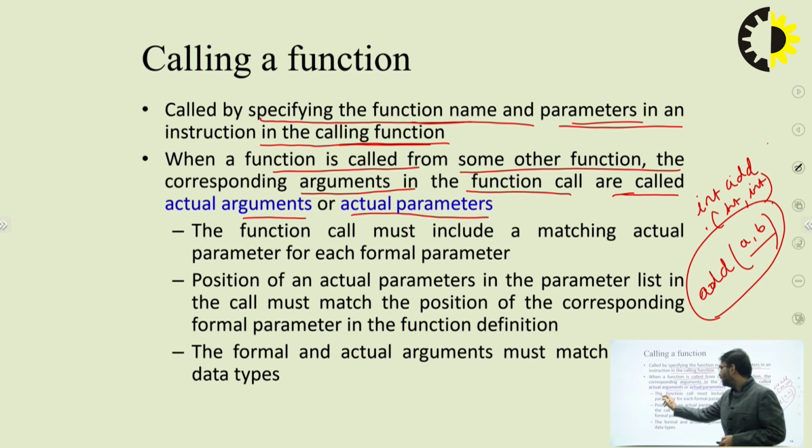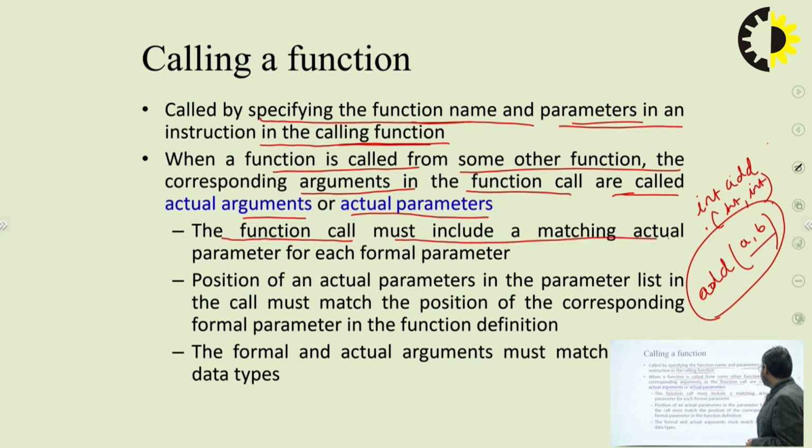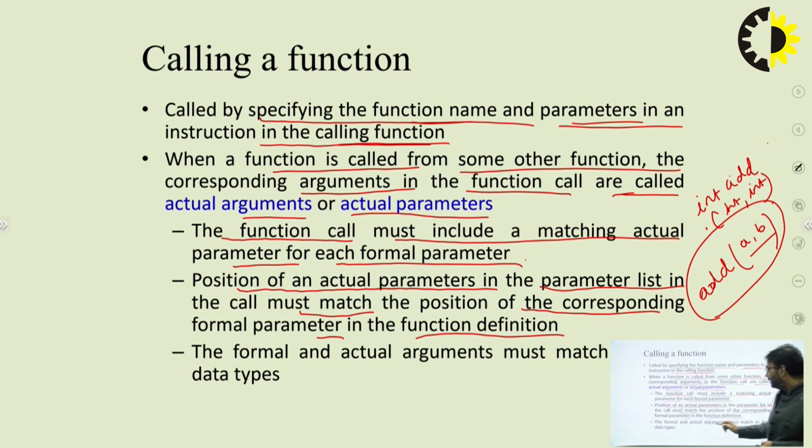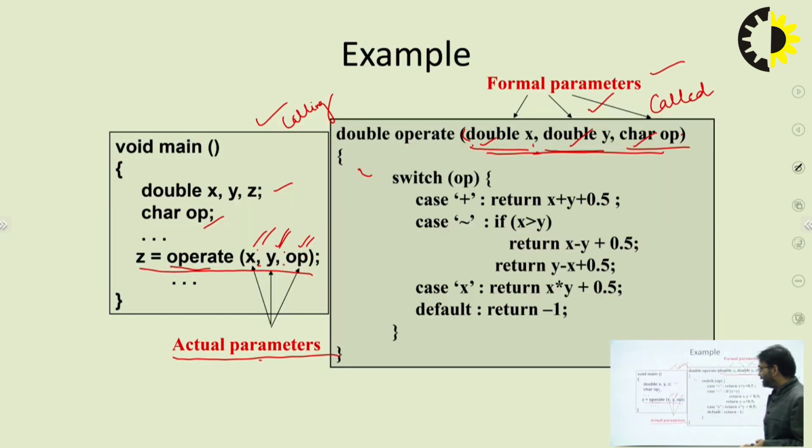The function call must include a matching actual parameter for each formal parameter. The position of an actual parameter in the call must match the position of the corresponding parameter in the function definition. The third point is that formal and actual arguments must match in their data type. So in the example, the data type and position of every actual parameter will match those of every formal parameter.